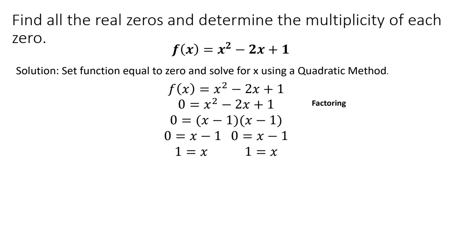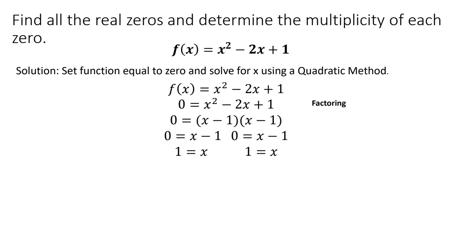Again, we can use our zero product property: when we're multiplying two numbers, the only way we can get 0 is if this is 0 or this is 0. We can separate it if you don't see it. 0 is equal to x minus 1, and 0 is equal to x minus 1. So the value that will give us 0 here is 1. These are both the same.